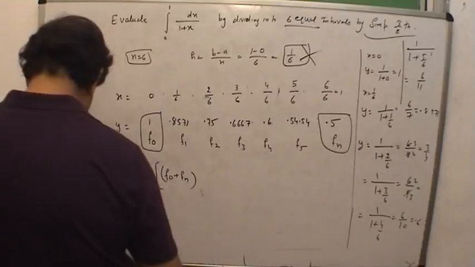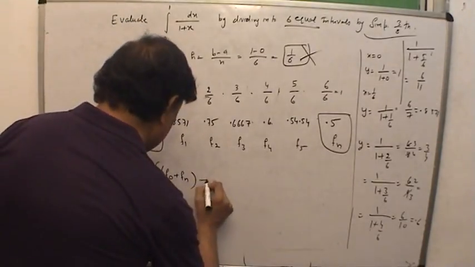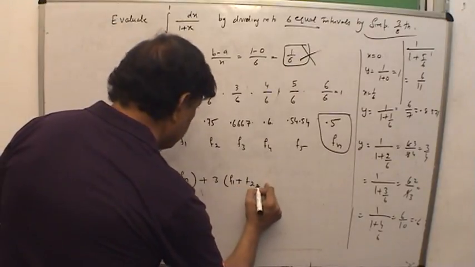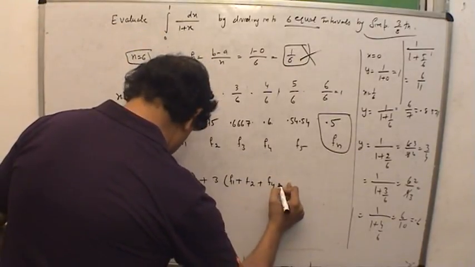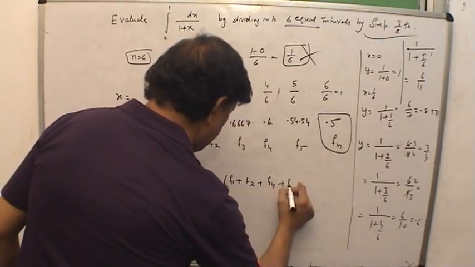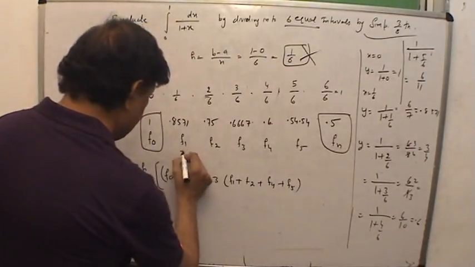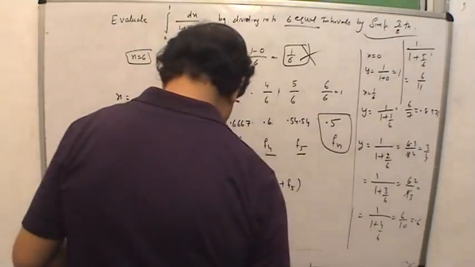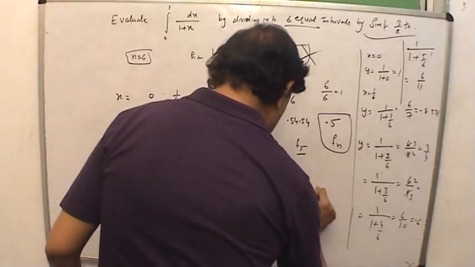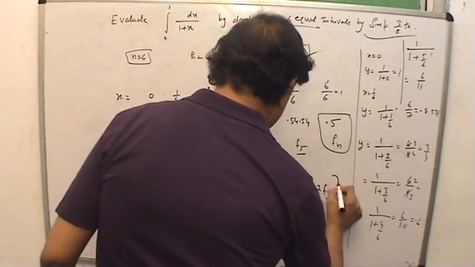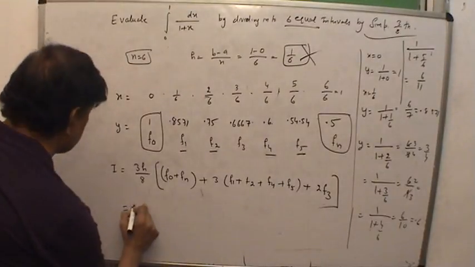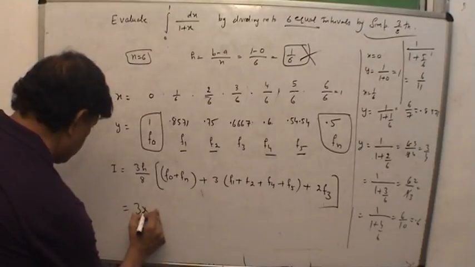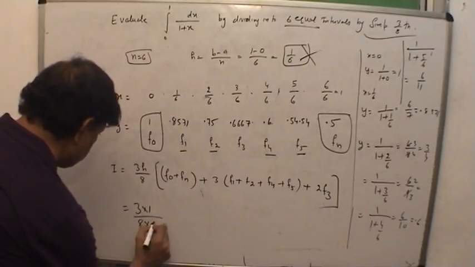And the remaining, that is 3 times of F1 plus F2 plus F4 plus F5, plus 2 times of F3. That is equal to 3h by 8. H is 1 by 6. 3 into 1 by 8 into 6.